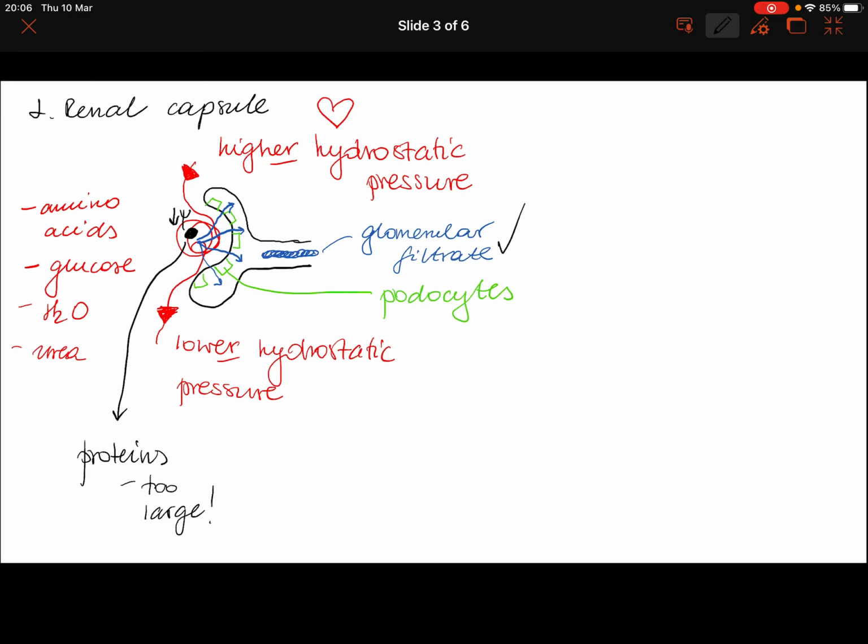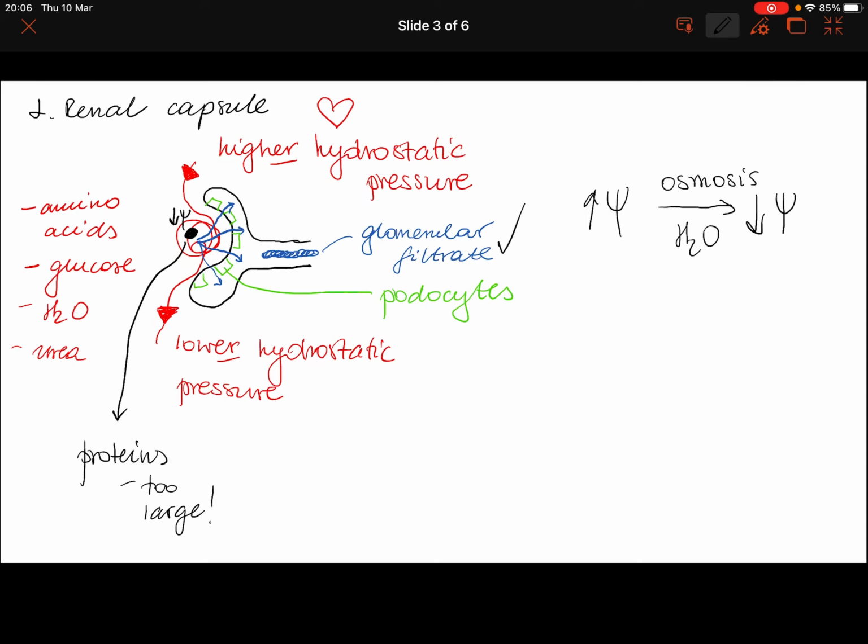And of course, if you remember from year one, the lower the water potential, the more osmosis will happen, which is the movement of water from higher water potential to lower water potential. So that's the ultrafiltration in the renal capsule.